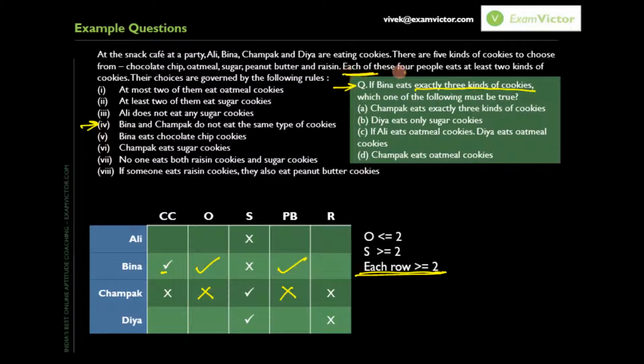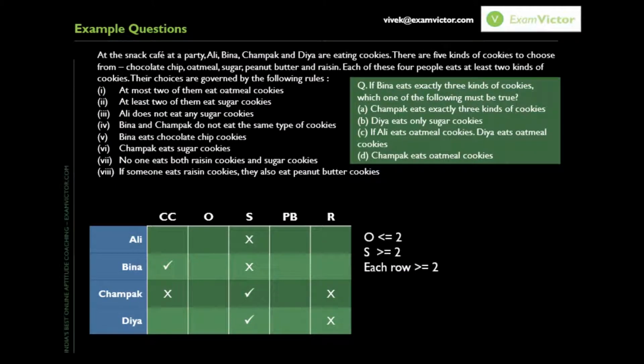We got it from this sentence: each of these 4 people eats at least 2 kinds of cookies. And if you have put so many crosses for Champak, his only tick is for sugar, then this condition gets violated. So you can't have new information which violates one of the given conditions in the question. So this is not possible. Alright, so that didn't work out.